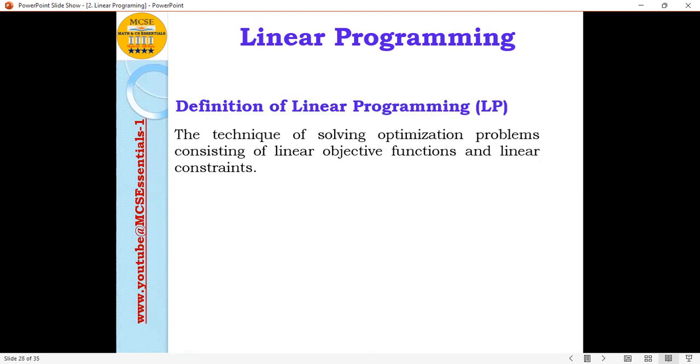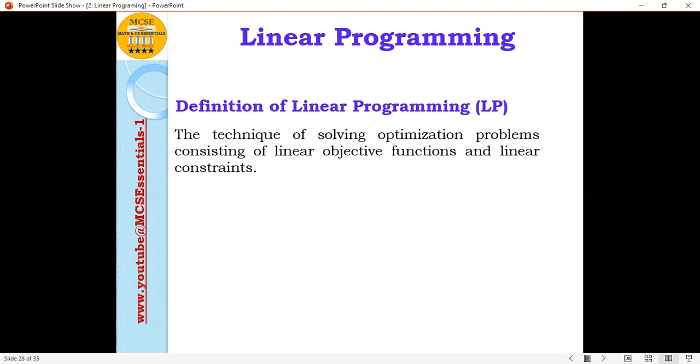Now, what is linear programming? Linear programming is a technique or set of techniques for solving such optimization problems that consist of a linear objective function and linear constraints. So all the problems in which the objective function as well as all the constraints are linear functions.